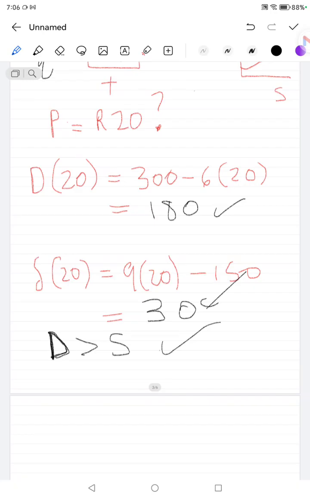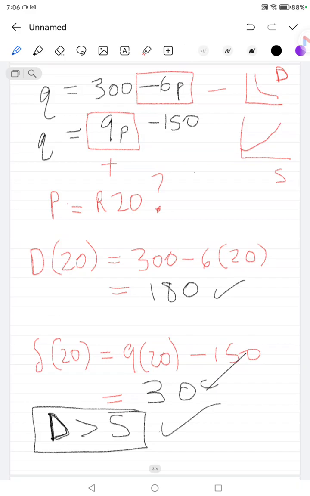It means at my equilibrium or break-even point, I might even consider having to sell more products since my demand is greater than the supply. You see? So that will basically be the reasoning behind that one.